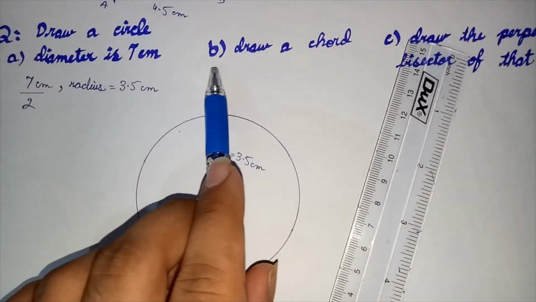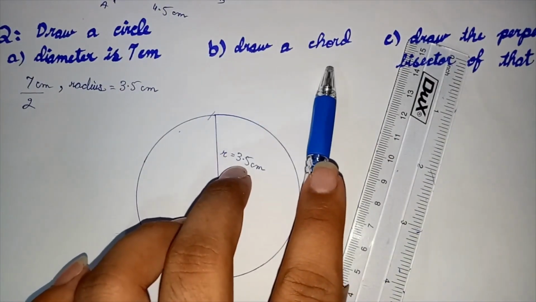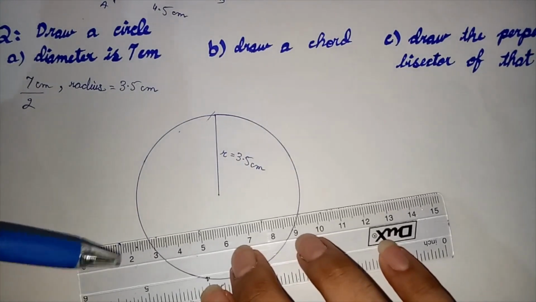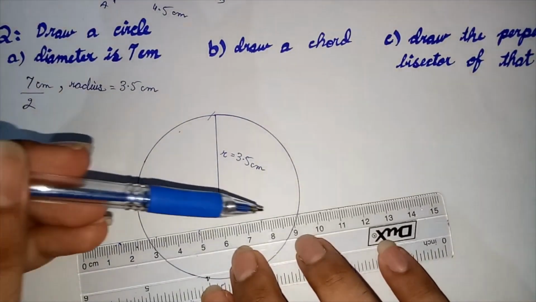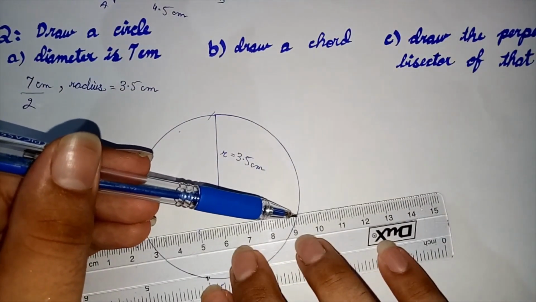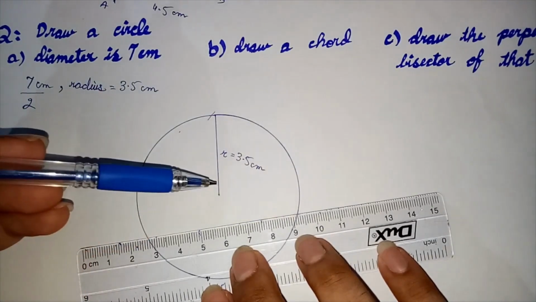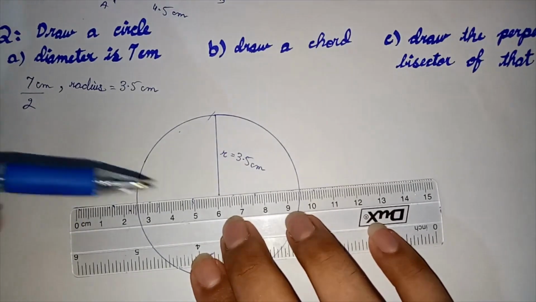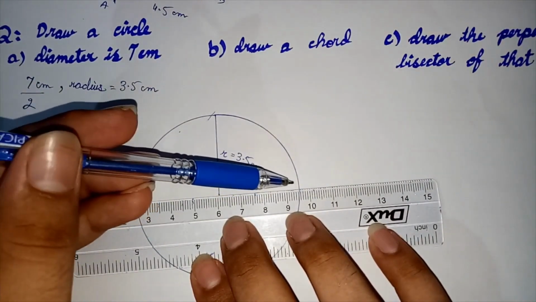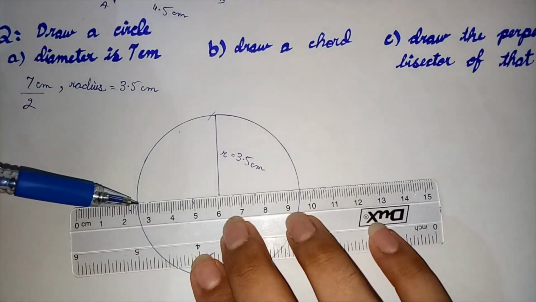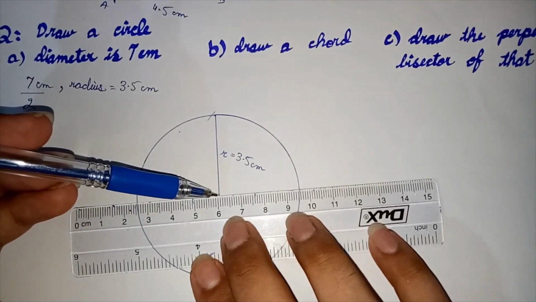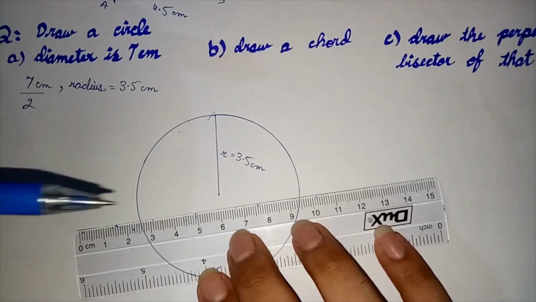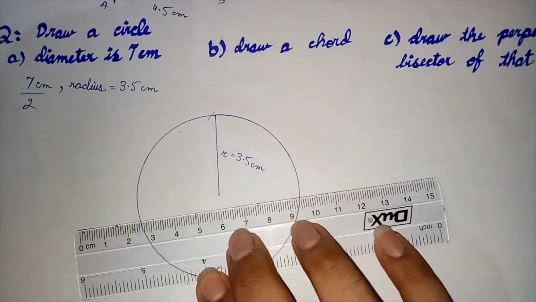Now in our next part we have to draw a chord. What is a chord? A chord is a line from one point to the other point, but this time it is not passing through the center. If we draw a line from one point to the other and it passes through the center, then it is a diameter, and if it is not passing through the center, it is a chord.